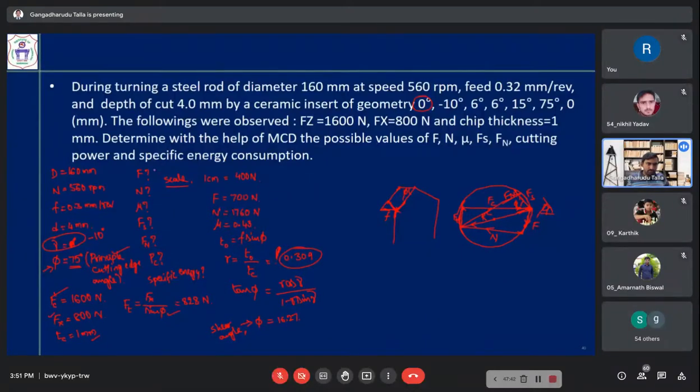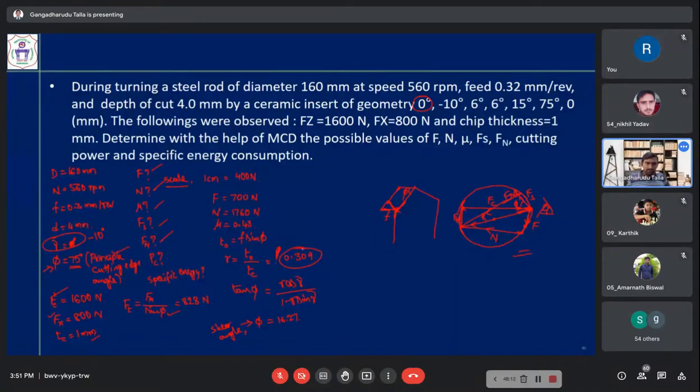So we have found Fs and Fn. If you measure them, you can take those values. Otherwise, using the analytical method, we have expressed Fs in terms of FC and FT, so that will also work. But this is much easier if you construct the MCD. Directly you can measure and write.